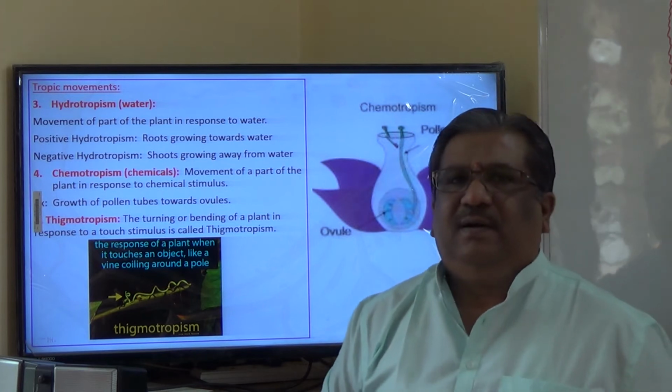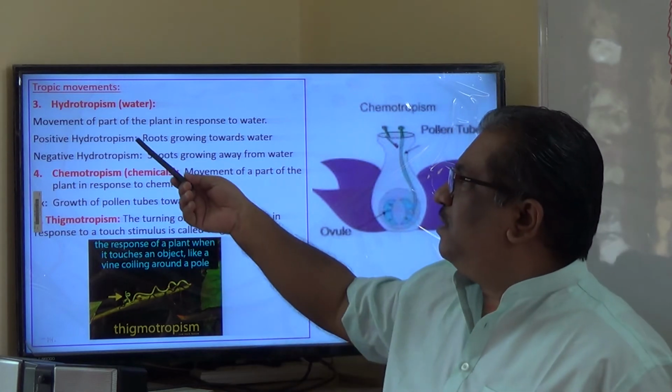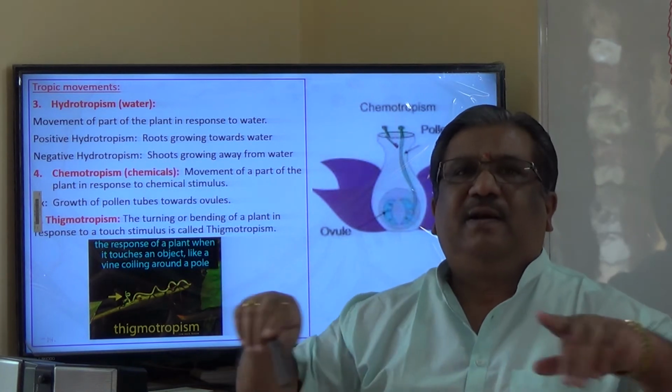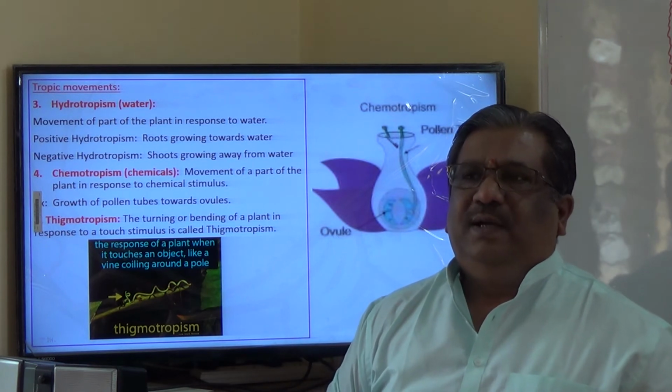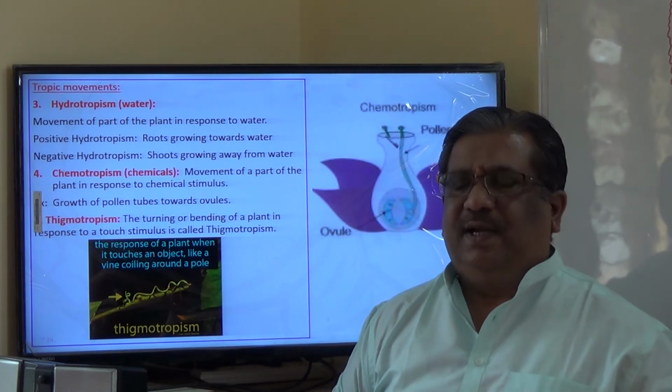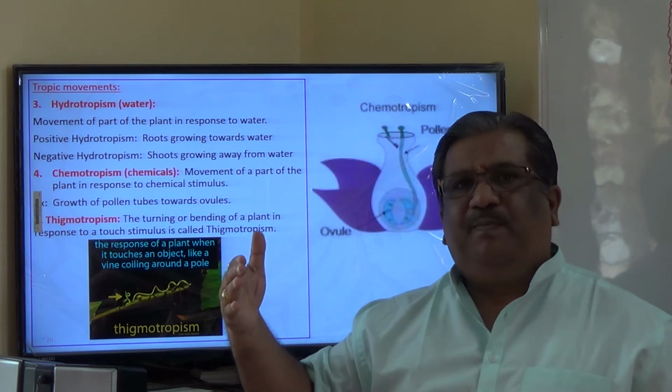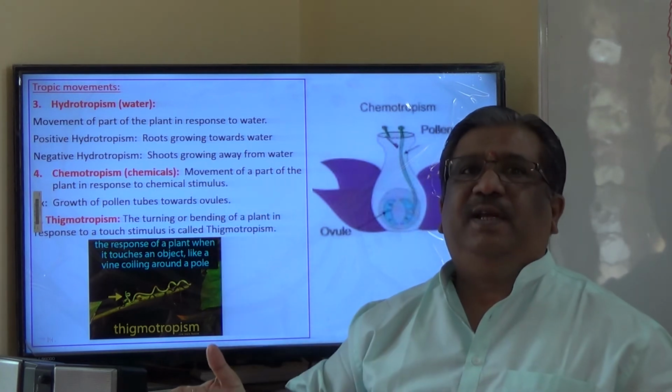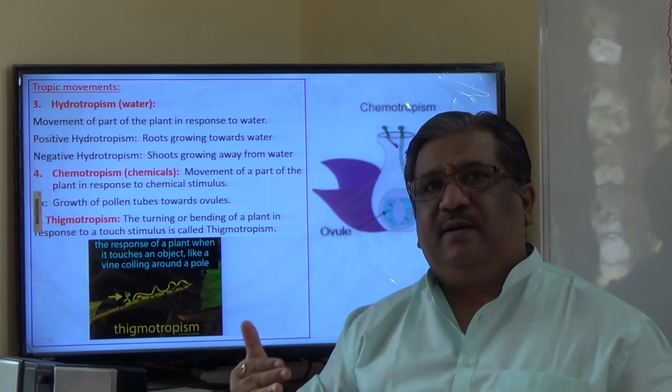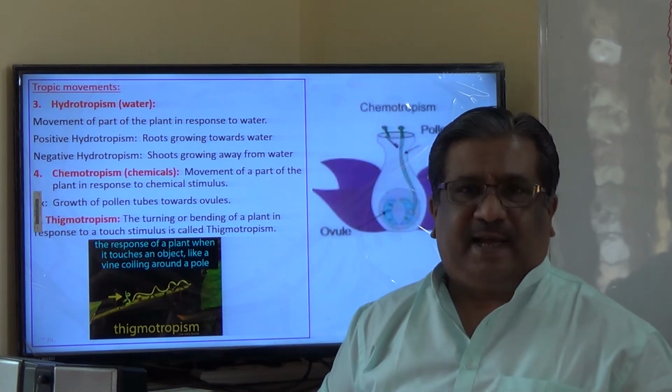Generally, you must have seen this in underground sumps. You must have observed, or probably heard, that roots will penetrate through the walls of the underground sump and enter towards the water present inside the tank.